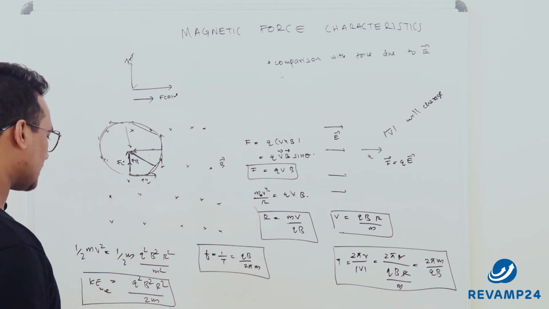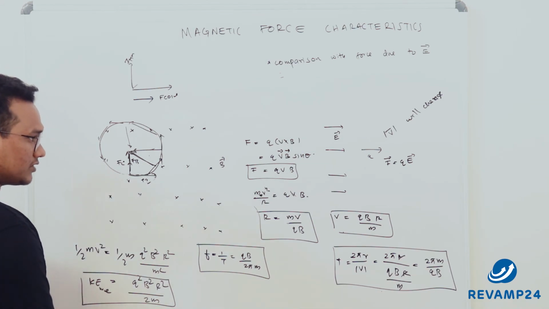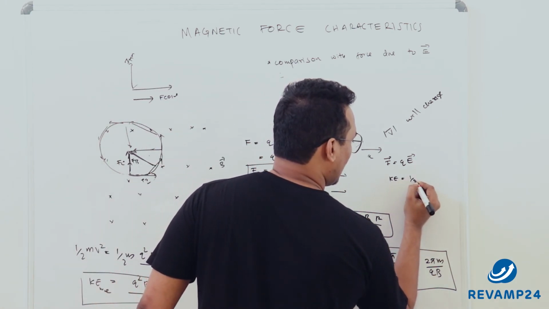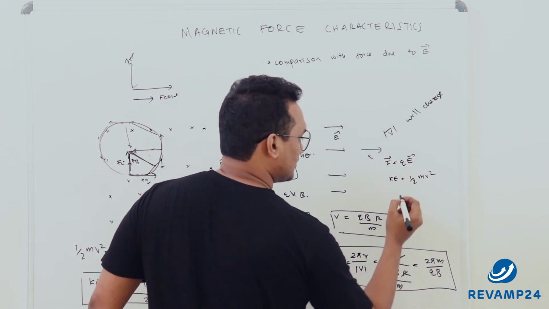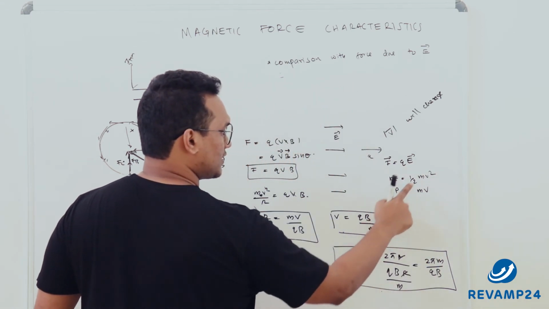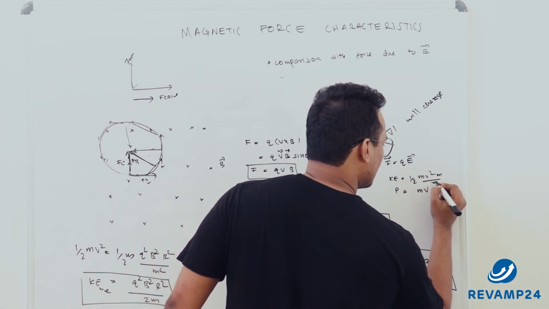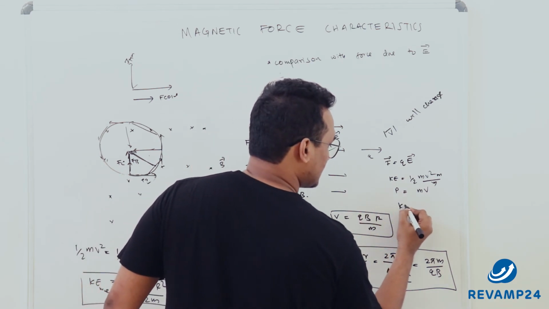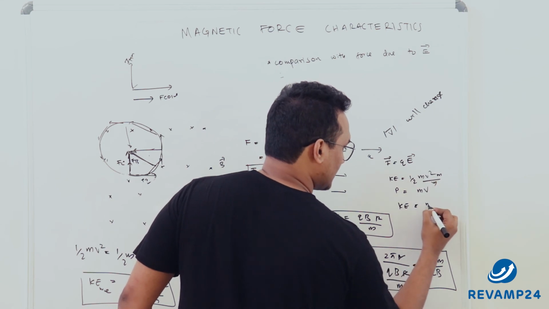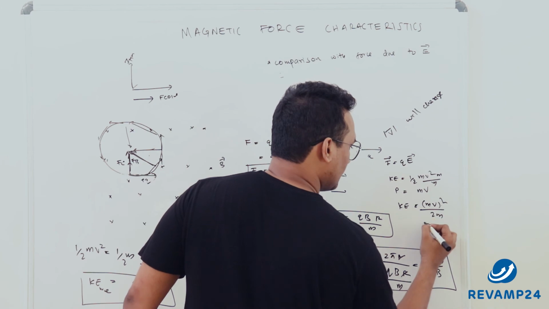How to get the value of momentum? You got the value of kinetic energy, right? From this you can get the value of momentum. We know that kinetic energy is equal to half mv square. Now what is the value of momentum? Momentum is equal to mv. How can we substitute the value here? Just multiply this with m and divide by m, so that kinetic energy becomes m square v square by 2m. That is nothing but (mv) the whole square divided by 2m. What is mv? Momentum.